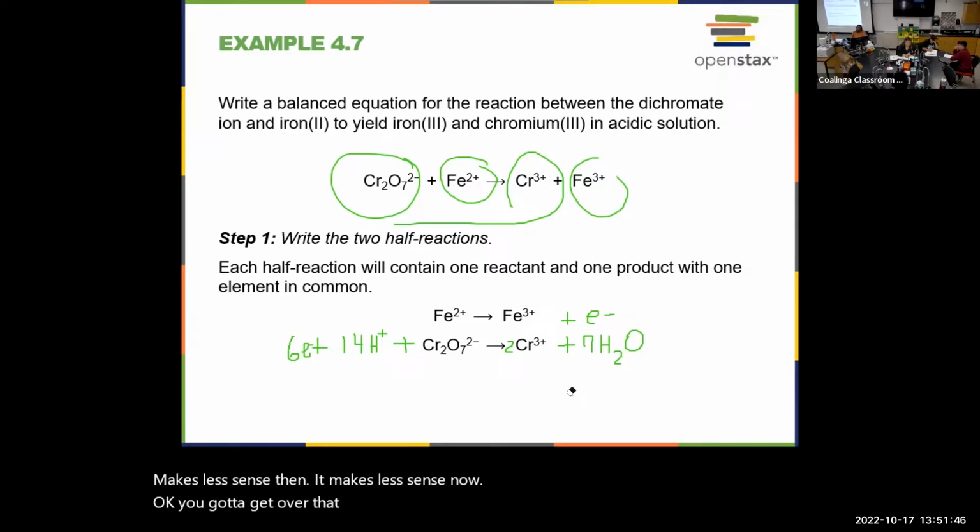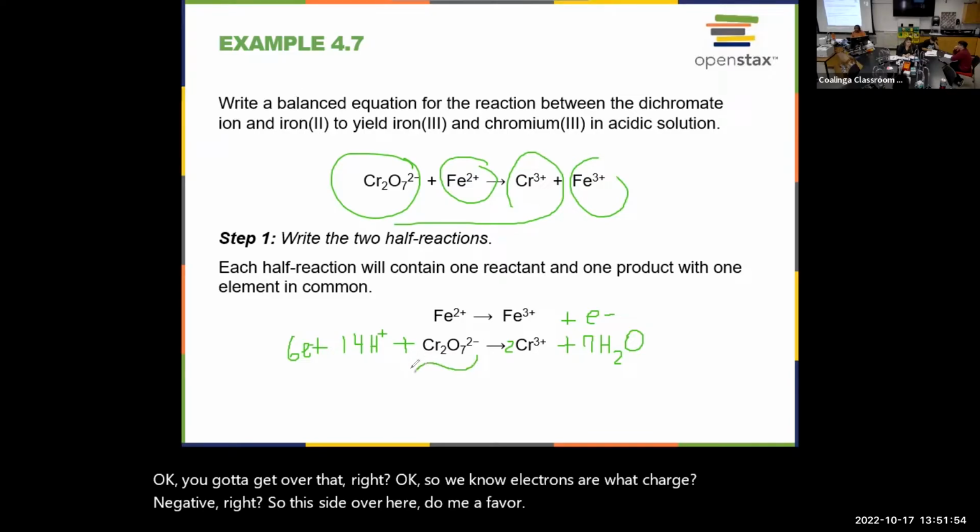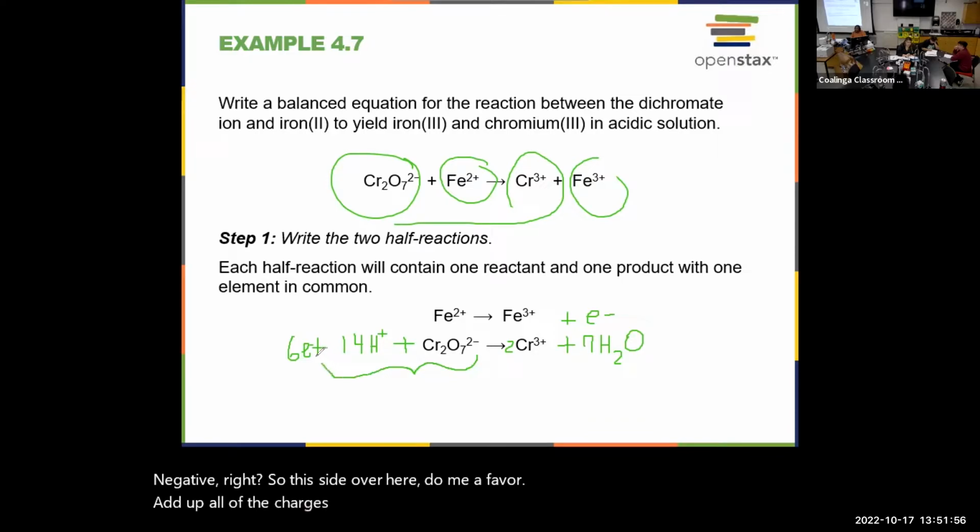Okay, so we know electrons are what charge? Negative, right? So this side over here, do me a favor. Add up all of the charges on this side. Not the plus 6, just what we have.